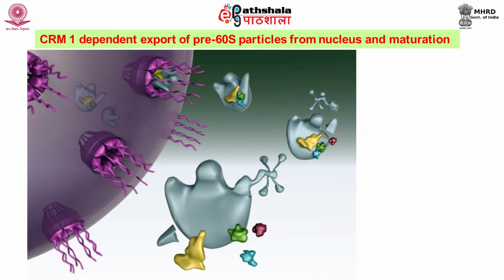Pre-assembled ribosomes exit the nucleus through the nuclear pore complex with the help of export adapter NMD3. This NMD3 is linked to the ribosomal protein RPL10.